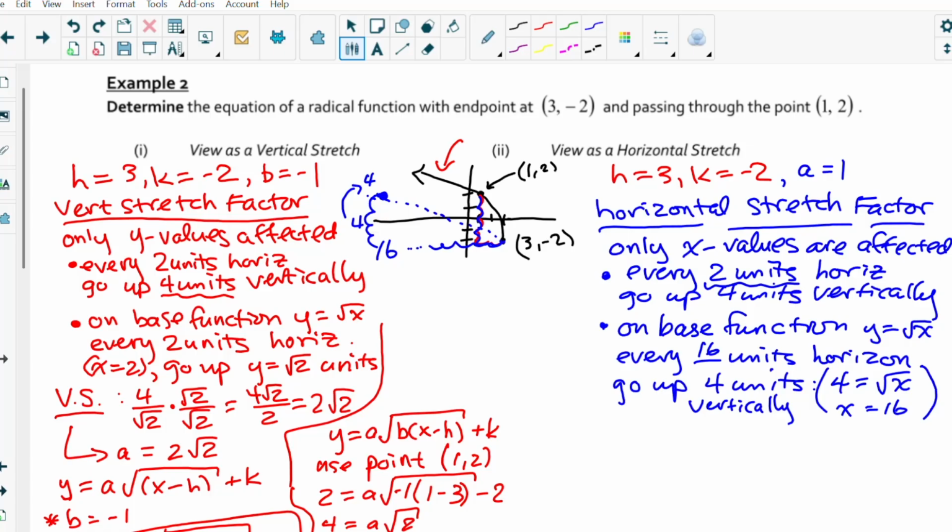And that you can see happens right there. Okay, so HS for horizontal stretch is, so from the perspective of the base function at 16.